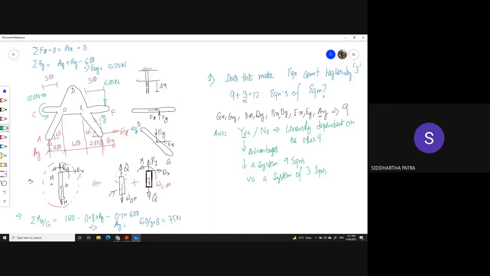If you draw the free body diagram of individual rigid bodies and write their corresponding equations of equilibrium, those equations can be combined to form the equations of equilibrium of the whole structure. So although I get three very different looking equations of equilibrium, they are not linearly independent from these 9 equations. The point is, in the end, I have a total of 9 linearly independent equations and 9 unknowns to solve for.